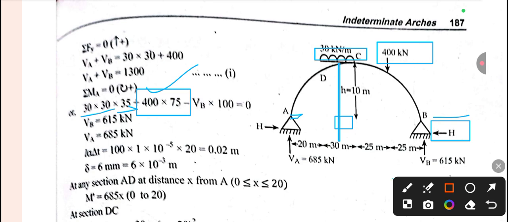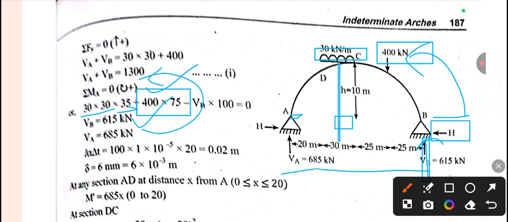And now you can see this RB acts counterclockwise, so this value is minus RB into the total distance, from here to here, which is 100, so RB into 100. After calculating this you will get RB equals 615 kilonewton. And if we put this value in the given equation 1, then we get RA equal to 685 kilonewton.